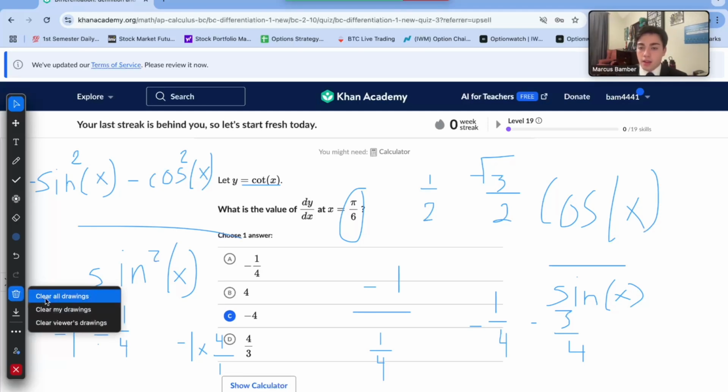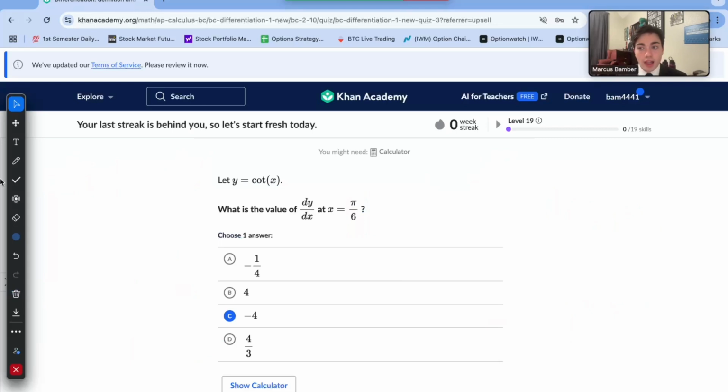cotangent of x, which I'd highly recommend that you just memorize these derivatives for the trigonometric functions. Because the derivative of cotangent of x is negative cosecant squared of x, just like the derivative of tangent of x is positive secant squared of x. So if we just remember this, we can also simplify by substituting in.